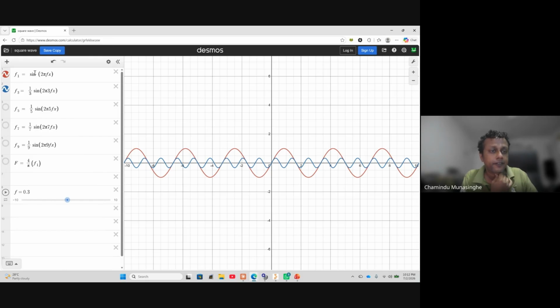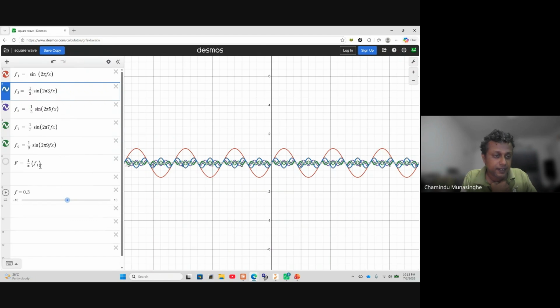In this case, the fundamental frequency is f, and then this is 3f, 5f, 7f, and 9f, right? And the amplitude is 1/3 for the third harmonic, 1/5 for the fifth harmonic, 1/7 for the seventh, and 1/9 for the ninth, right?